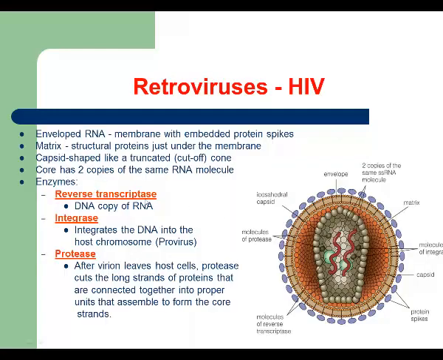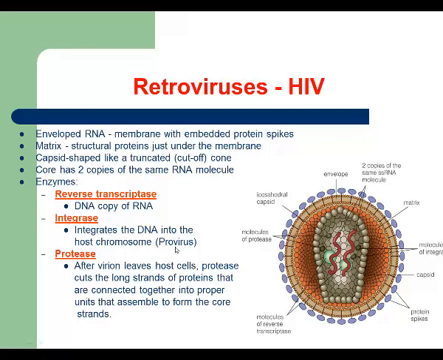Also, you have to remember that there are three enzymes in the structure of HIV virus. The first one you already know, it's called reverse transcriptase. It participates in reverse transcription and makes a DNA copy of the RNA molecule. The second enzyme is integrase. Integrase integrates the DNA copy into the host chromosome.